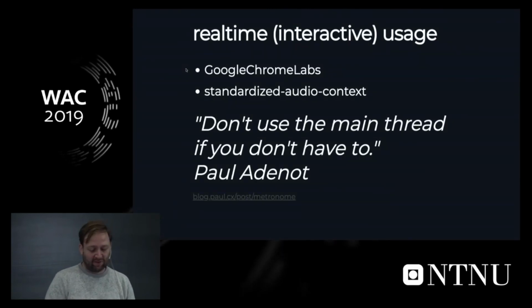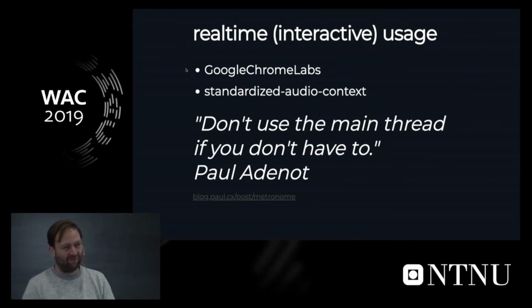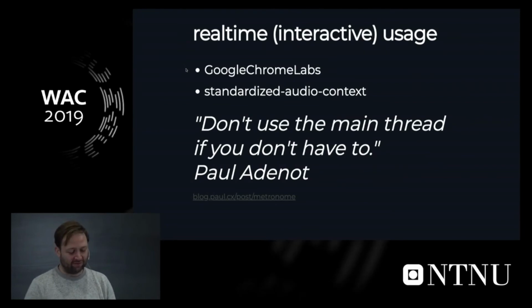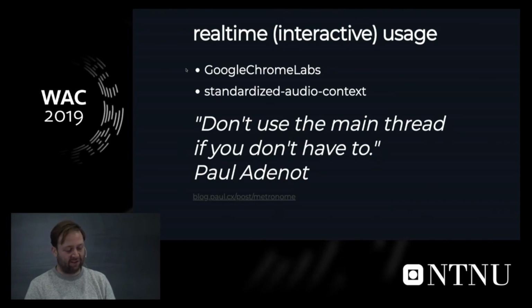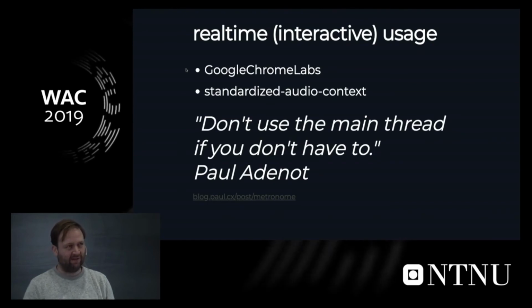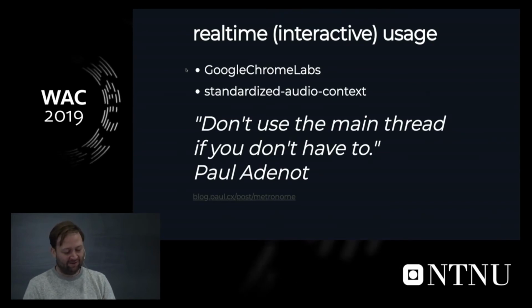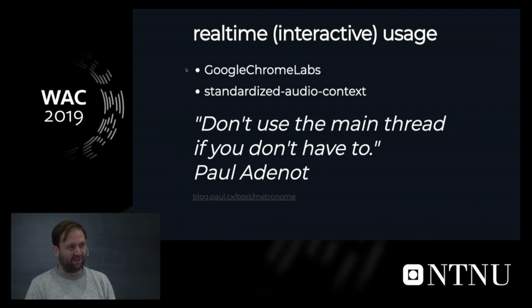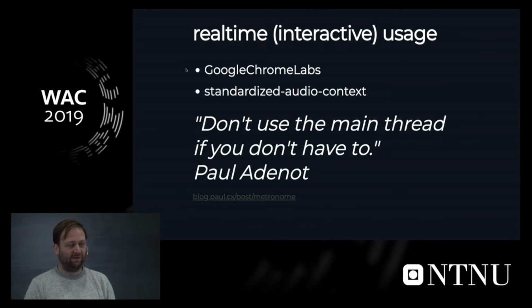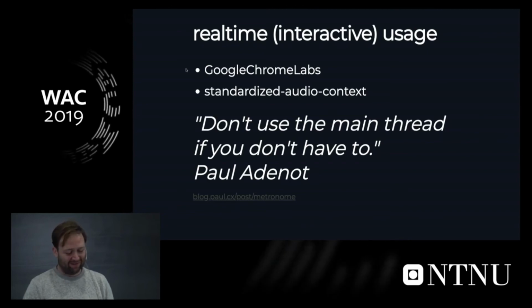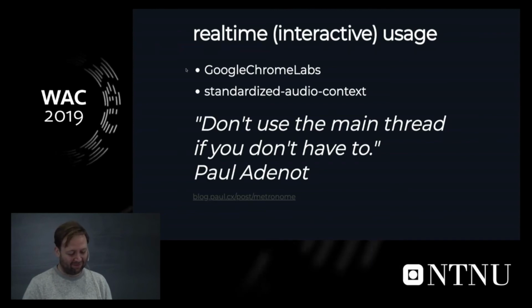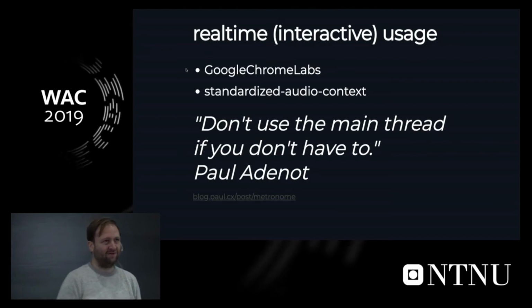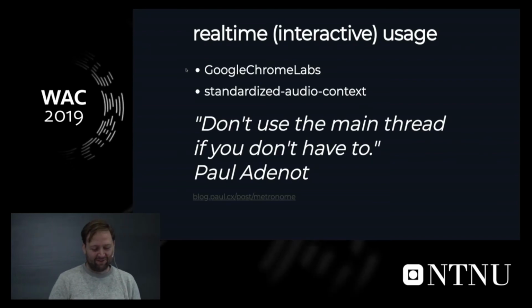And another way to group the polyfills is maybe to group them by use case. If you have a real-time application which has to have very low latency, then there might be no other way of doing it than running everything on the main thread with the most minimal setup that you can think of, which is actually the script processor node.